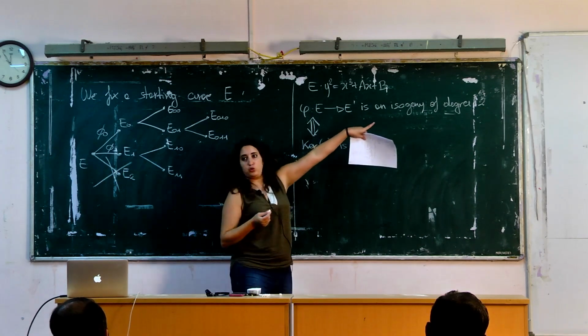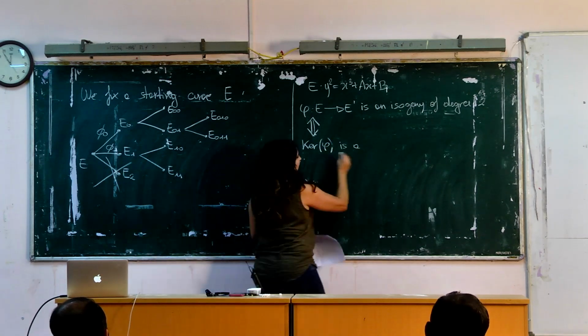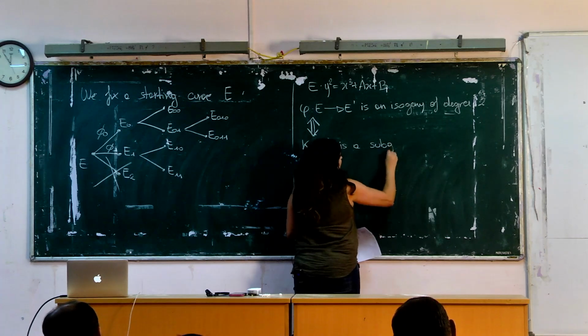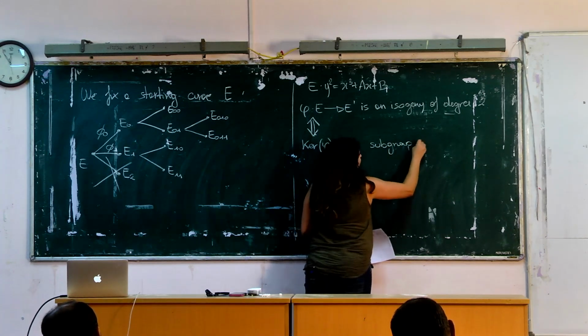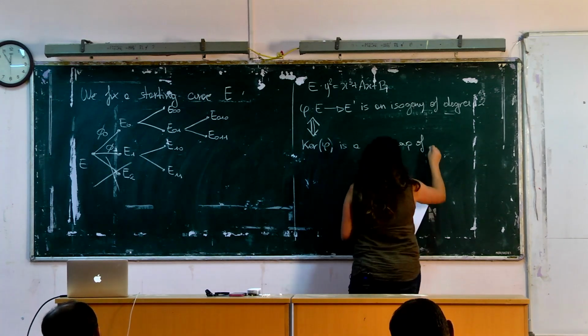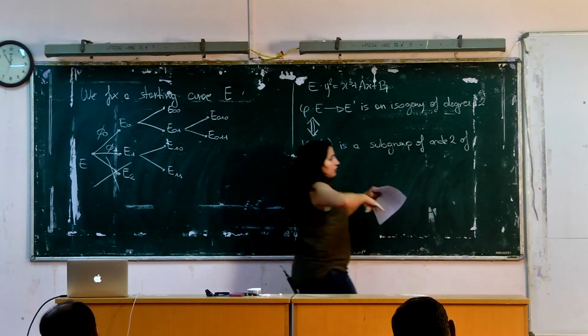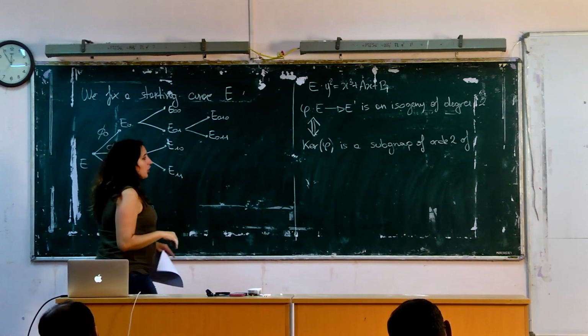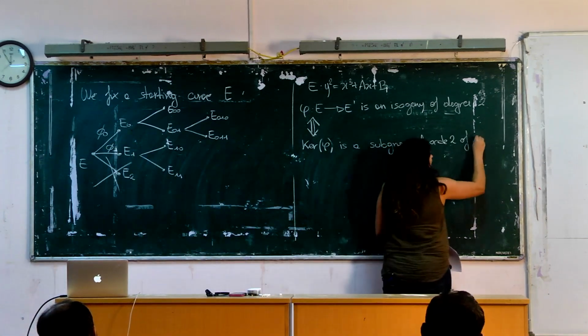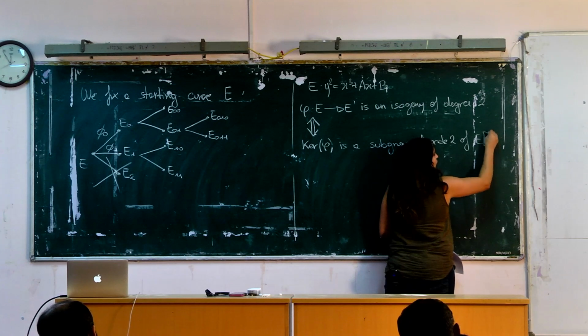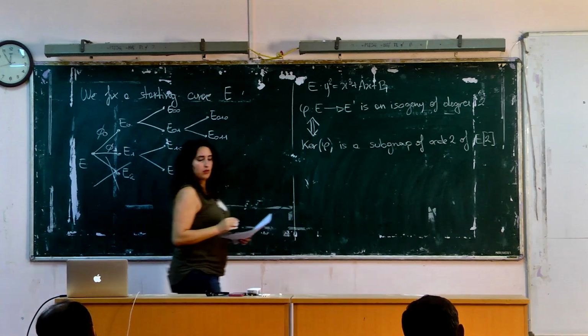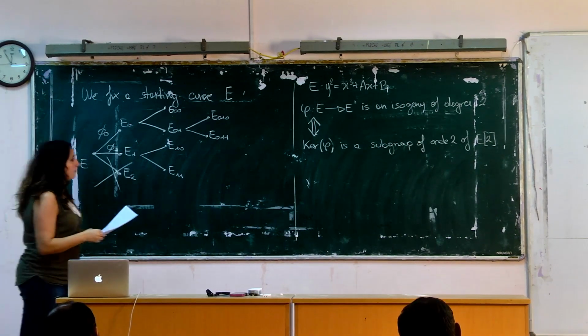The order equal to the degree, right? 2. So it's a subgroup of order 2, and actually not just of the elliptic curve, but a subgroup of the 2-torsion group. Okay? So I have to look for points in the 2-torsion group.